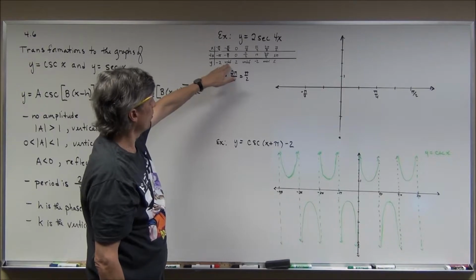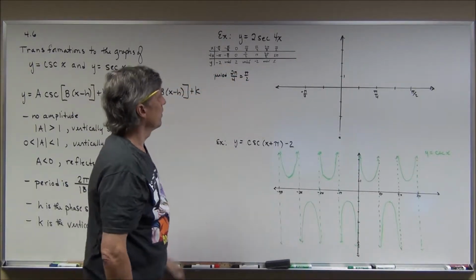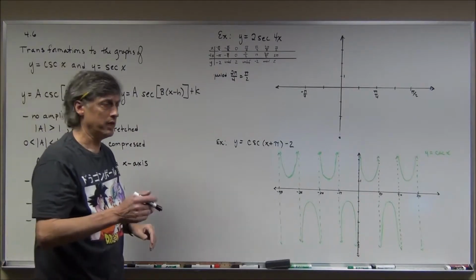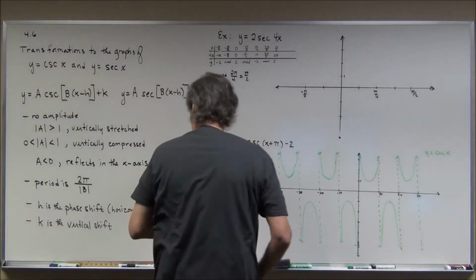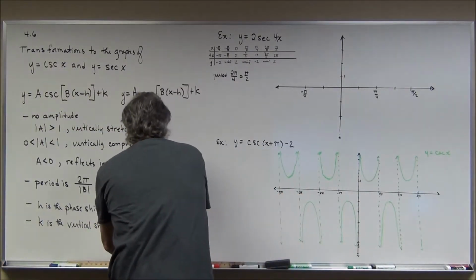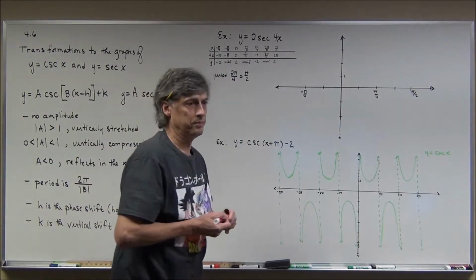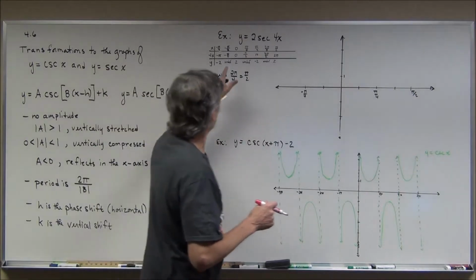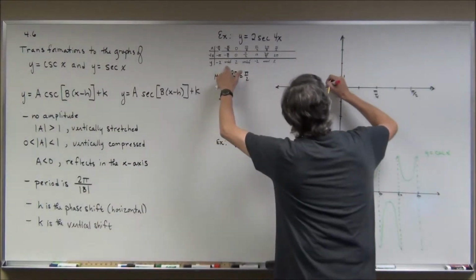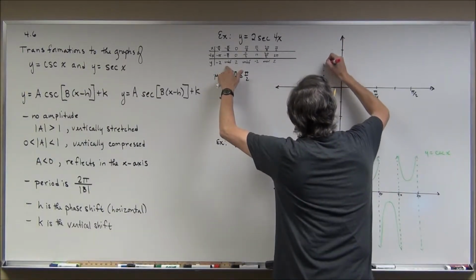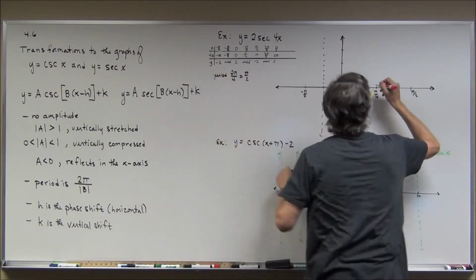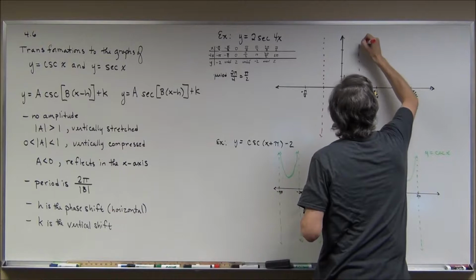Notice here where the y values are undefined. That's going to be my vertical asymptotes, because we know that we have a series of vertical asymptotes with this graph. So what I'm going to do is use pink to graph my vertical asymptotes first, and they're going to occur at negative pi over 8. Again, we know the basic shape, pi over 8.